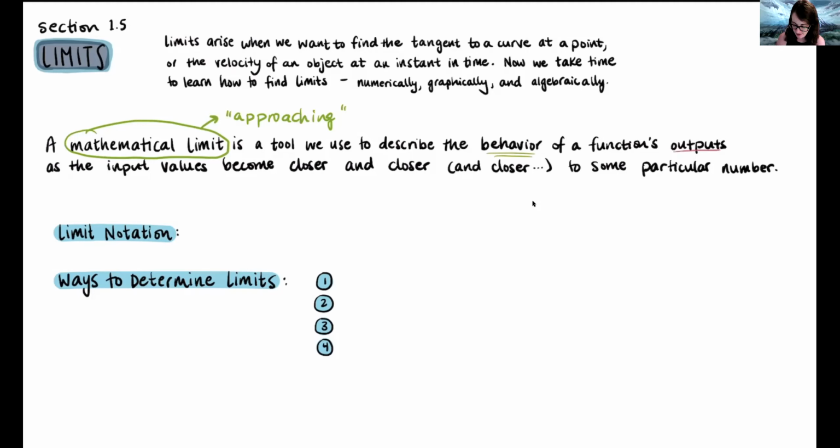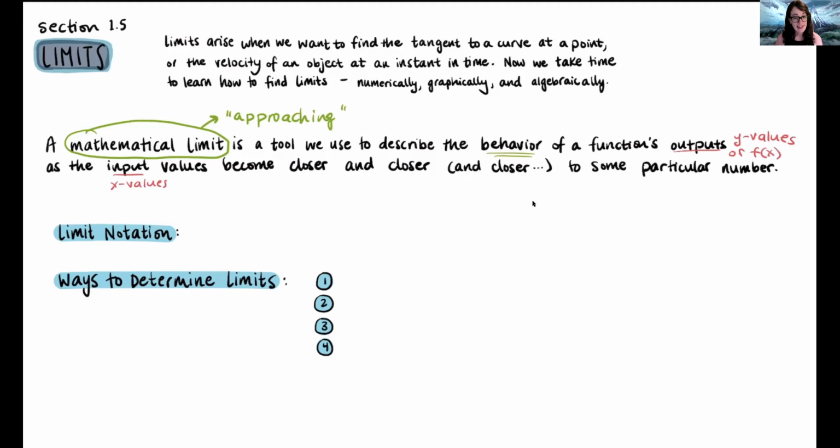Okay, so outputs, these are like the y values, right? Or the f of x values, the outputs, as the input values, so the x values, become closer and closer to, or limit towards or approach, some particular number.